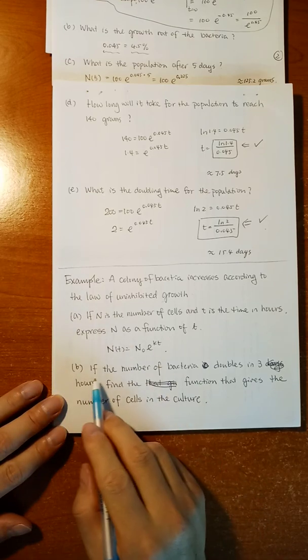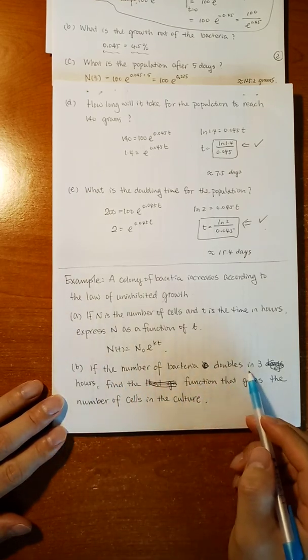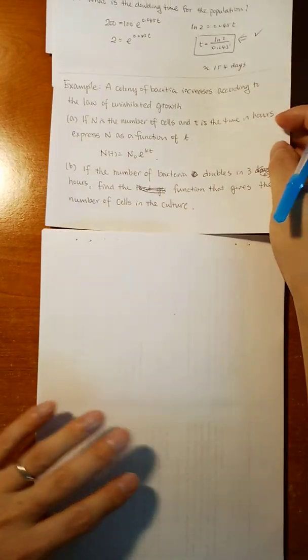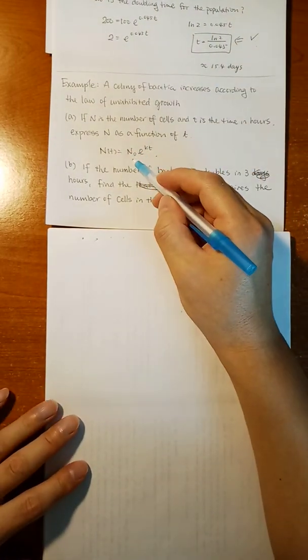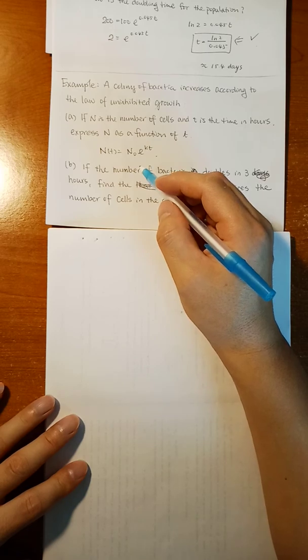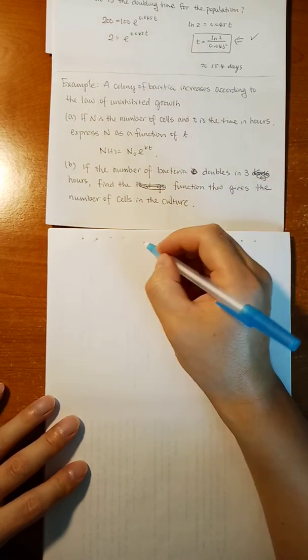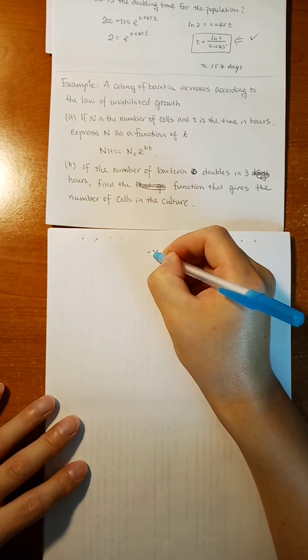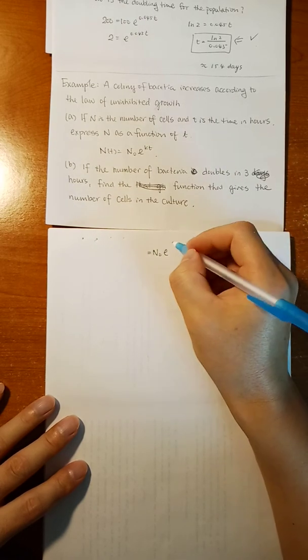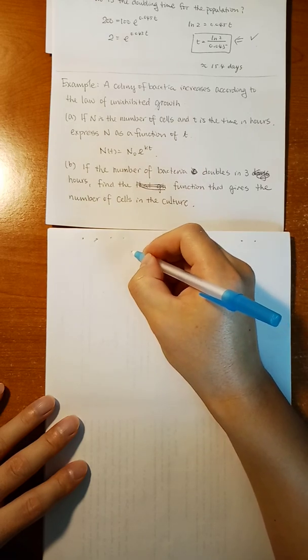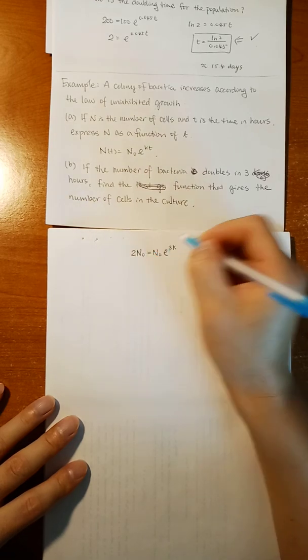So we know that the number of the bacteria doubles in 3 hours. This n sub 0 is the initial value, the initial amount of bacteria. After 3 hours, it becomes 2 times n sub 0.